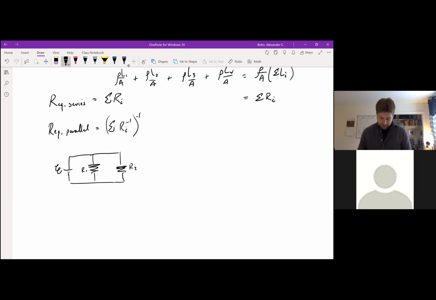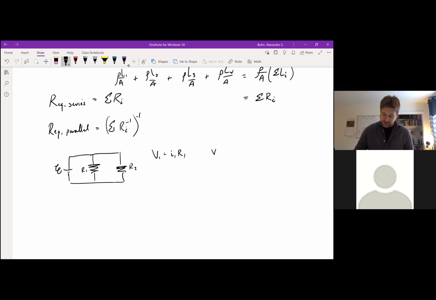Now, the potential difference across resistor 1 is the current through resistor 1 times the resistance, because resistors are ohmic.